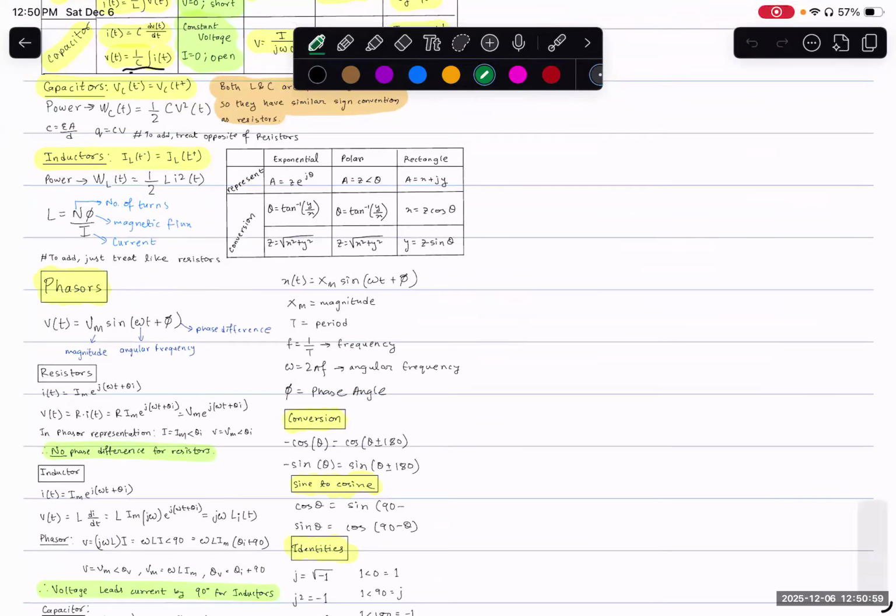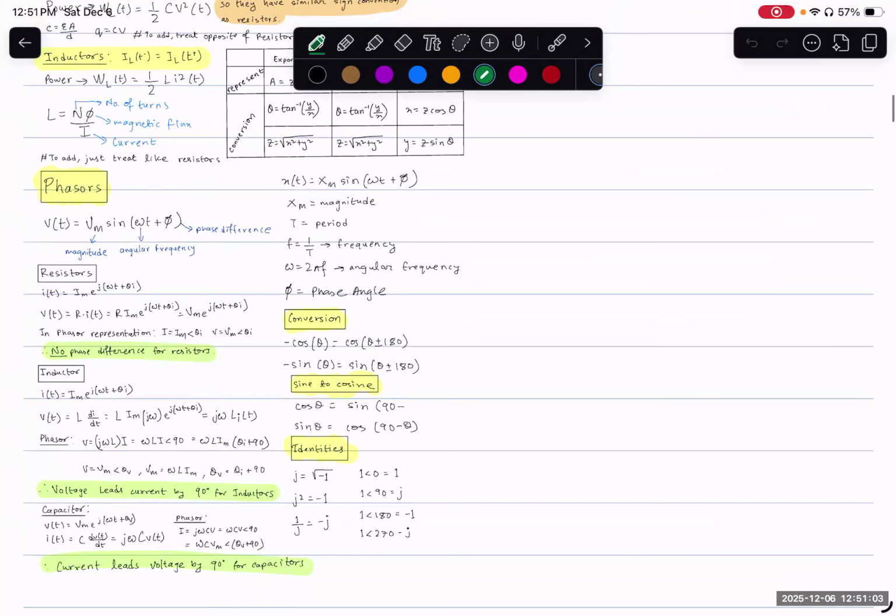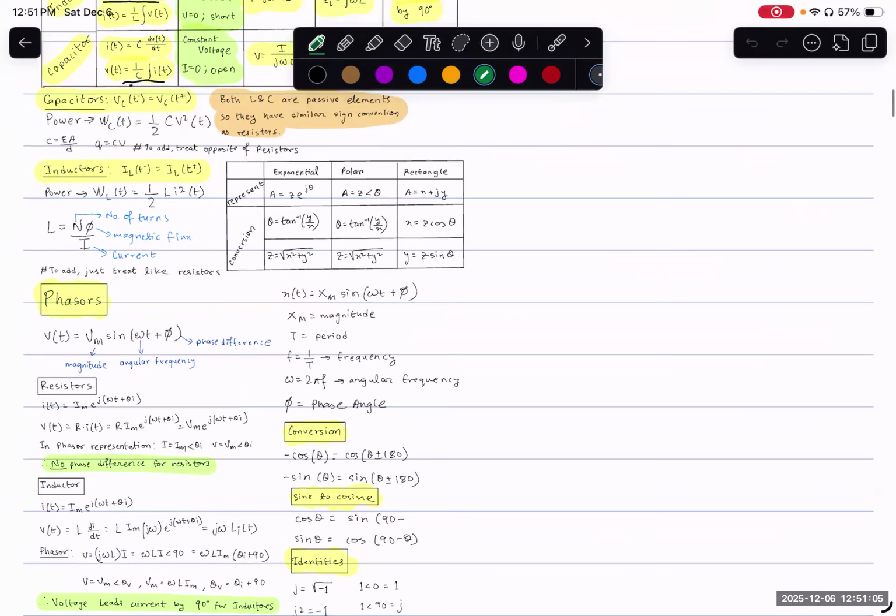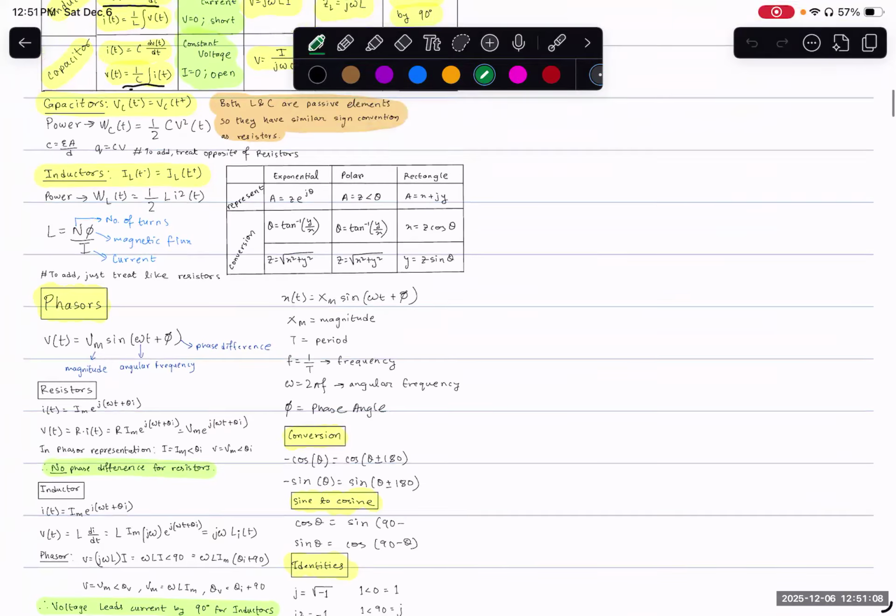You can write it down like this, right? So the magnitude times sine omega t. But here it's represented as a sine.